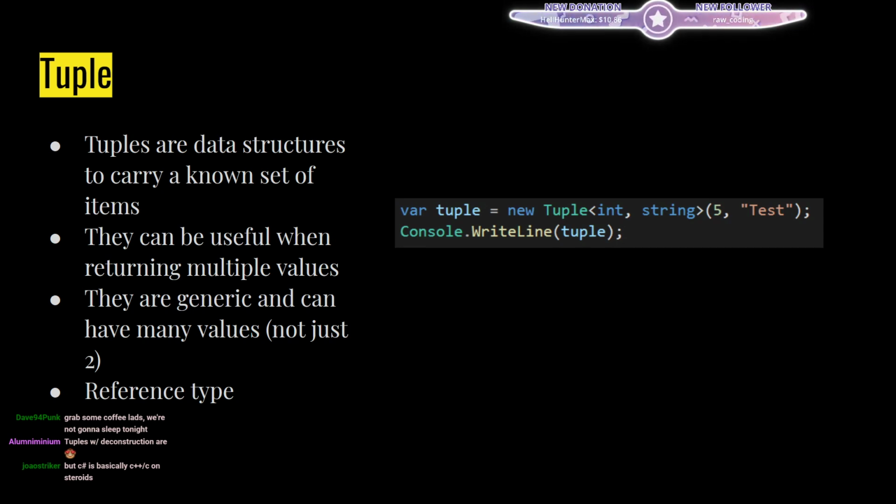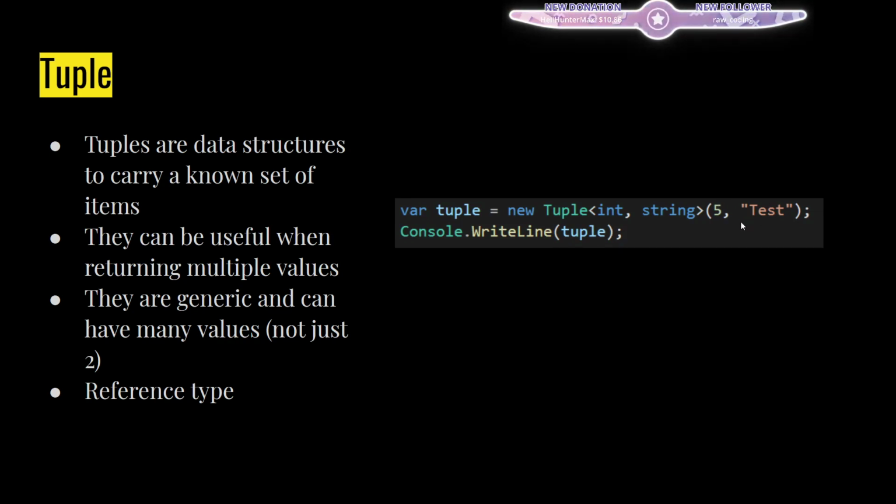A simple tuple is a reference type, and it's a generic data structure which holds as many fields, as many properties as you pass it the generic types. So for example, here I created a tuple which has 2 properties. First property is of type int, second property is of type string, 5 and test. If it prints, it gets printed 5, test in brackets, exactly like this.